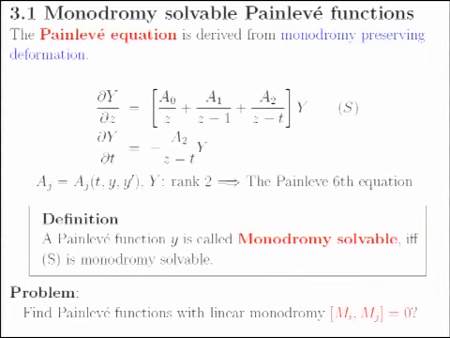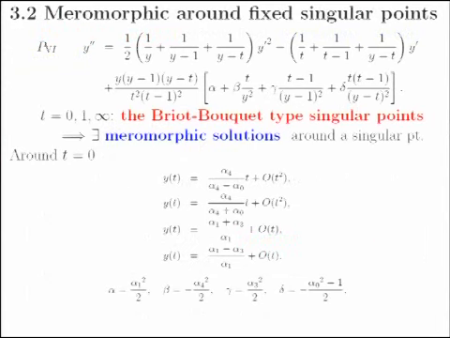A Painlevé function y is called monodromy solvable if the first linear equation is monodromy solvable in the previous definition. So we find Painlevé functions with linear monodromy Mi, Mj commuting. Of course, if you take any Mi, Mj from 4, then it becomes monodromy solvable. It is evident. So the answer is very simple.